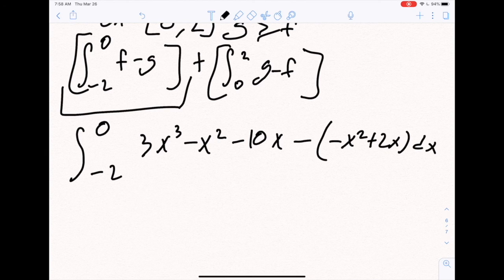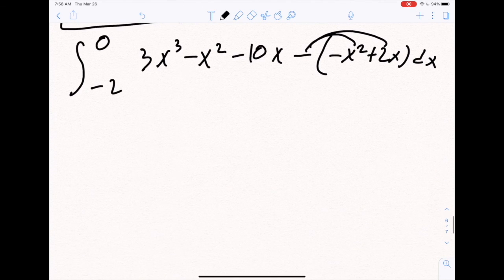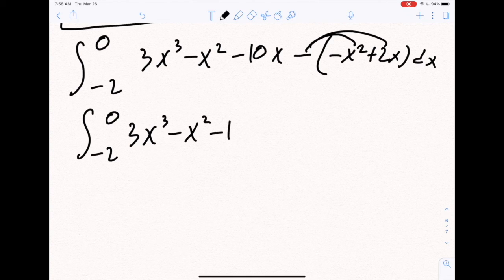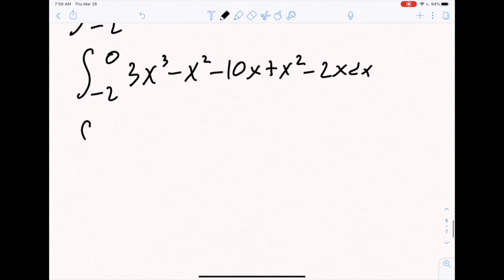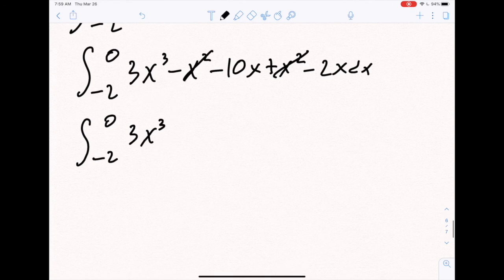Before we solve this, it's a good idea to simplify, so we can distribute this negative into everything, and that gives us the integral from minus 2 to 0 of 3x cubed minus x squared minus 10x plus x squared minus 2x dx. And so we get the integral from minus 2 to 0 of 3x cubed. These x squareds cancel out. Minus 12x dx.